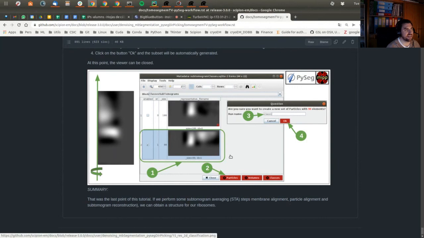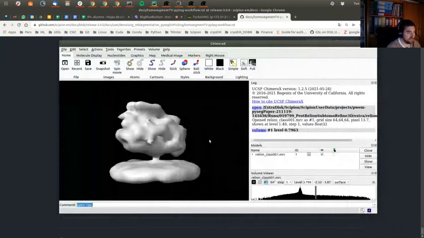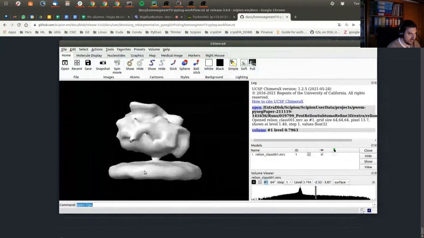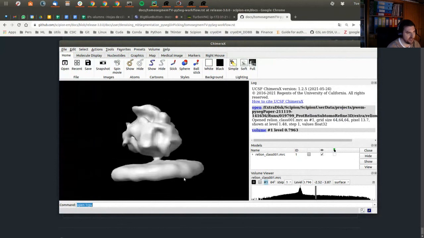This is not such a very good result, and we have some doubts about the handedness, but just to show you something, it is something like this. Often with that data there's a missing wedge effect, and it is not quite a good resolution, but indeed, just for a beginner like me, it is more or less a ribosome.